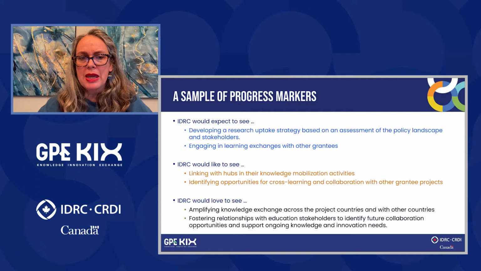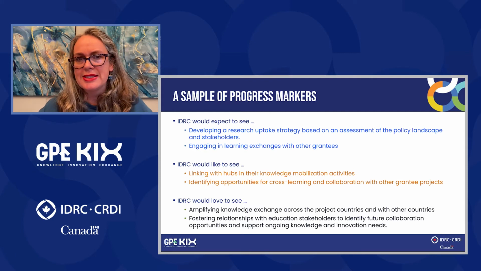And there may be progress markers that haven't been included, because at the beginning of any program or project, it's difficult to pre-envision every change that will happen. So we are looking for progress markers to be added as well.